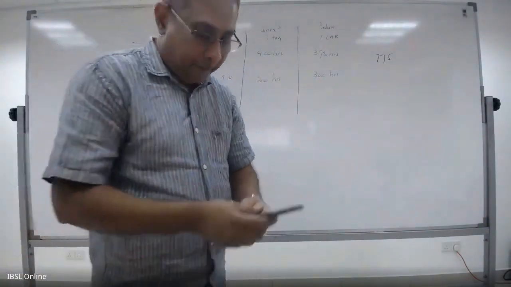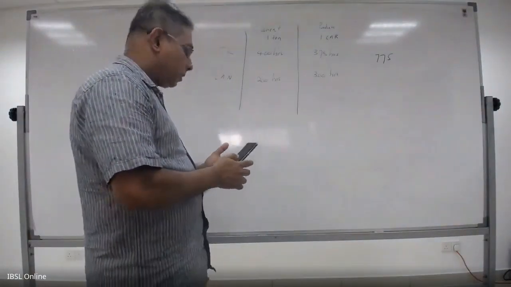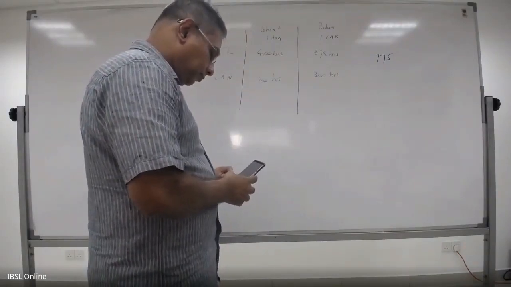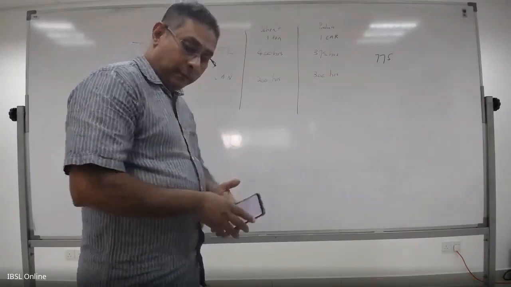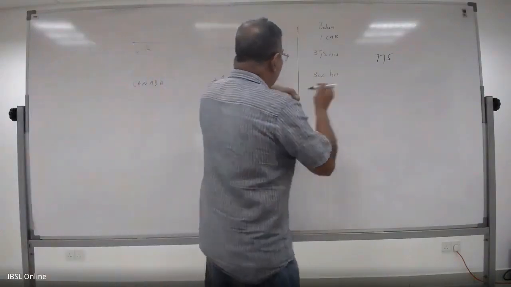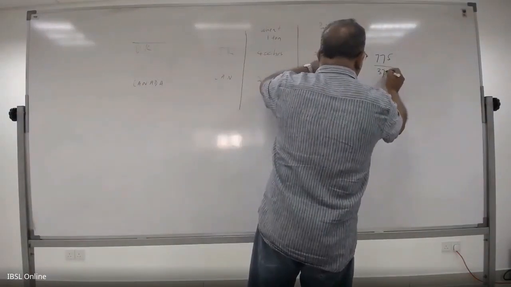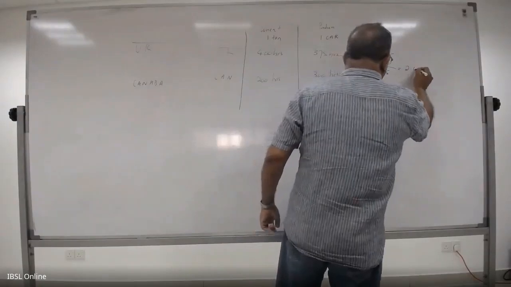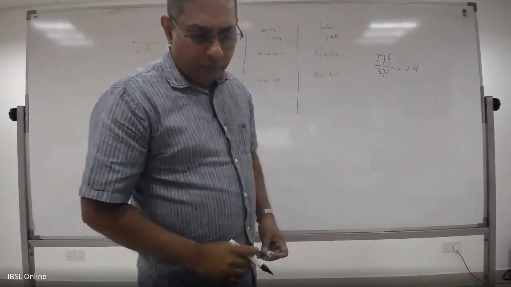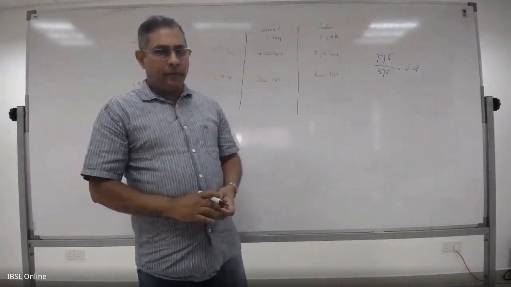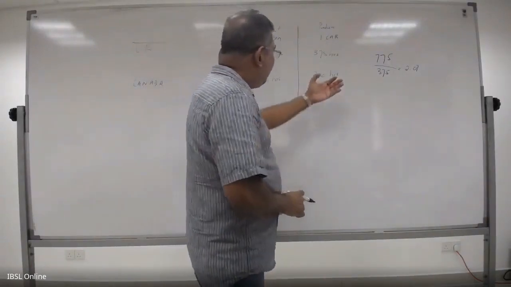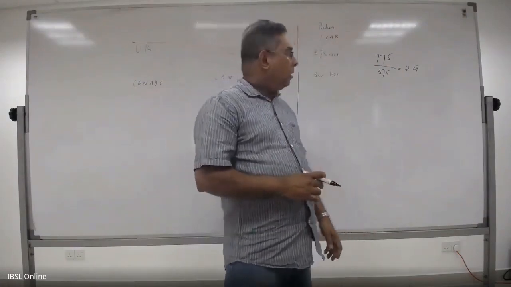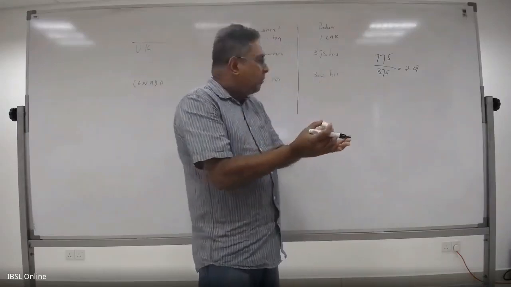If you divide 775 by 375, you get approximately, to the second decimal point, 2.07. Likewise, if the whole labor is given to produce wheat, what happens?